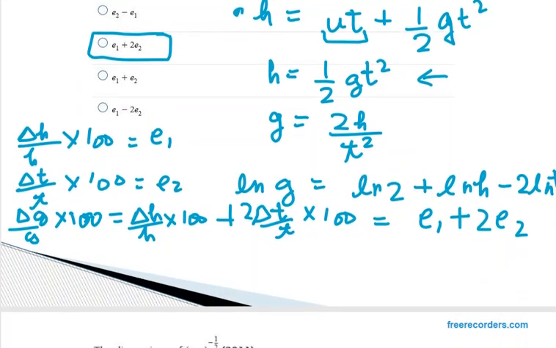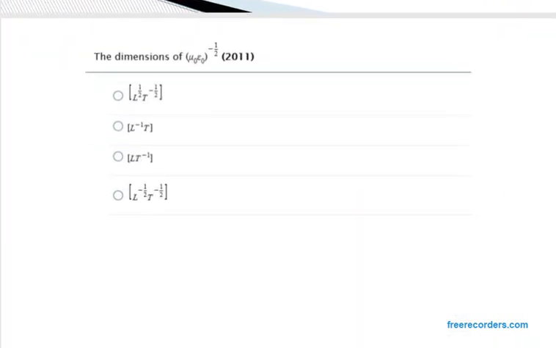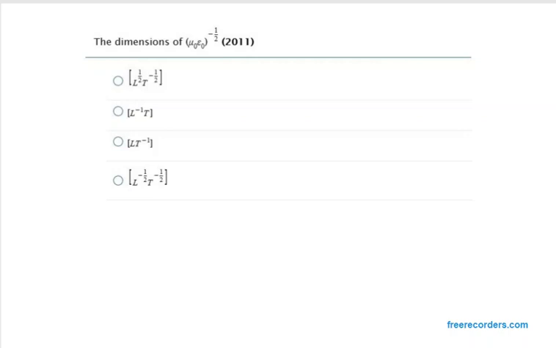Let's move on to the last question. In this question, we need to find the dimensions of mu naught epsilon naught raised to power minus half. So you might be familiar that this expression is actually the speed of light. C equals 1 over root of mu naught epsilon naught.